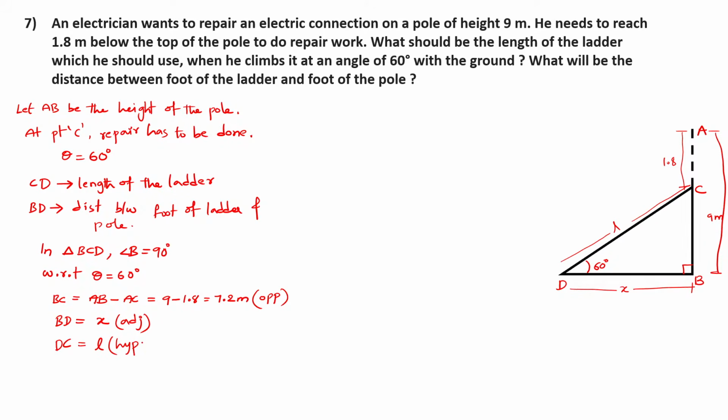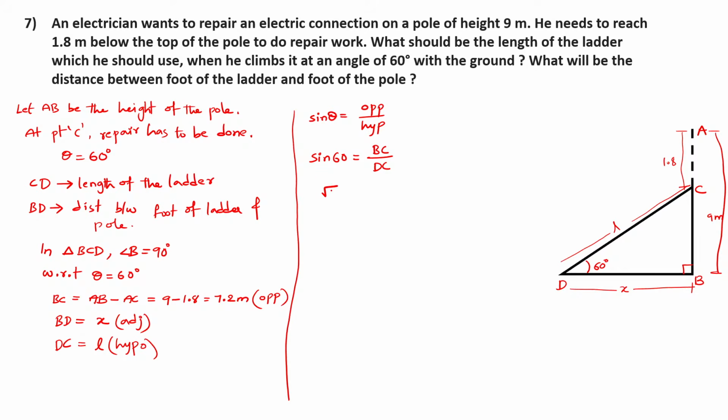Here we need to find the adjacent side and the hypotenuse. So for that we need to take two ratios. First ratio, we take sine theta. Sine theta is equal to opposite side by hypotenuse. Sine 60 degrees is equal to the opposite side BC over the hypotenuse DC.